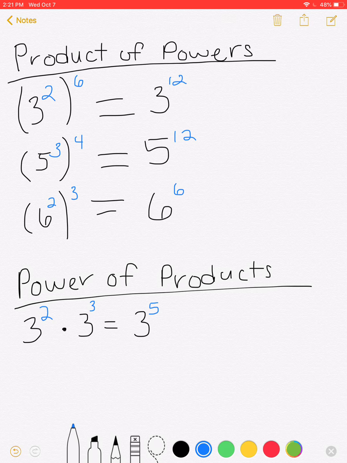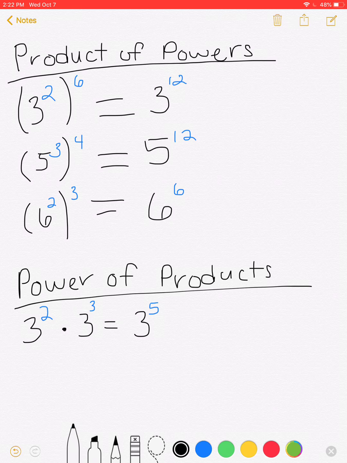So 3 squared is 9, and 3 to the third is 27. So 9 times 27 is 243, and 3 to the fifth is also 243. So you can double check that on your calculator just to cross check your math there.